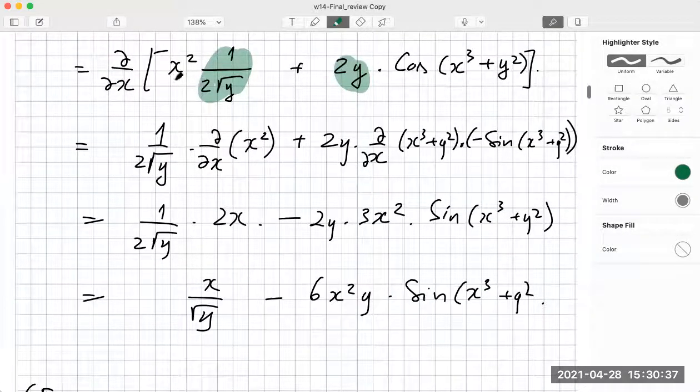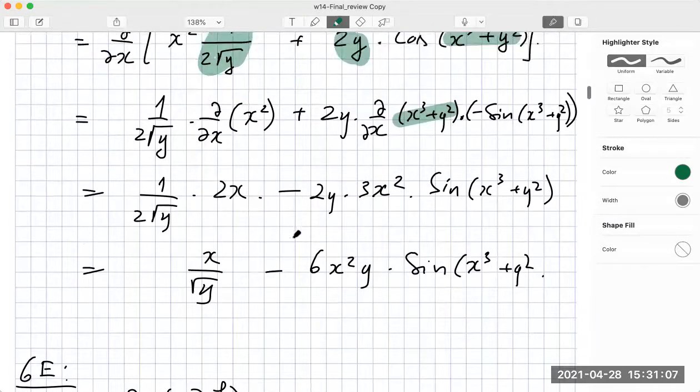Therefore, the derivative of the first term becomes this, the derivative with respect to x of x squared. And here, d over dx of this, we treat 2y as a constant. This one, the derivative of cosine of a function here would be d over dx of this function, multiplied with negative sine of this.